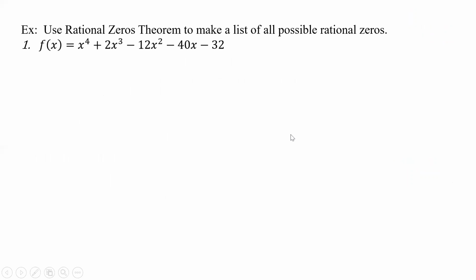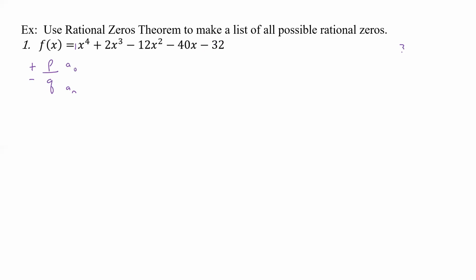All right, so what we want to do now is use the rational zeros theorem to make a list of zeros. We're not going to test them. We're just going to make a list. Remember, we're going to find all the plus or minus p over q's. And p is the a sub 0 and q is our a sub n. Well, a sub n is 1, and a sub 0 is 32.